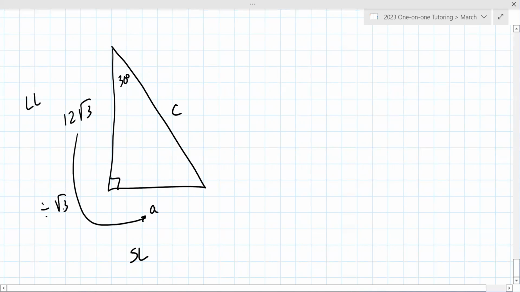So what does A become? A just becomes 12, and then you multiply it by 2 to get C. That's right. So C is 24.